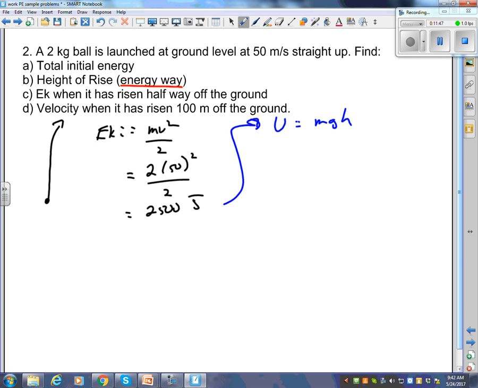All of that energy goes into potential. Mass is 2, 9.8 times the height. So the height is 127.6. That's how high up it goes.